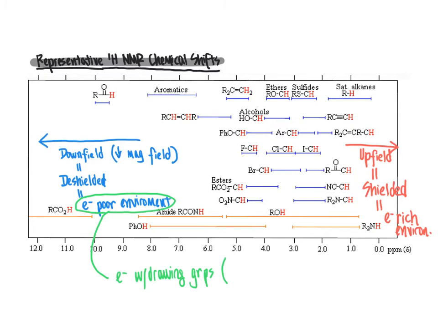And these electron withdrawing groups are often going to be electronegative atoms, or they're going to be groups where we can show electron density moving away from a particular atom by resonance.